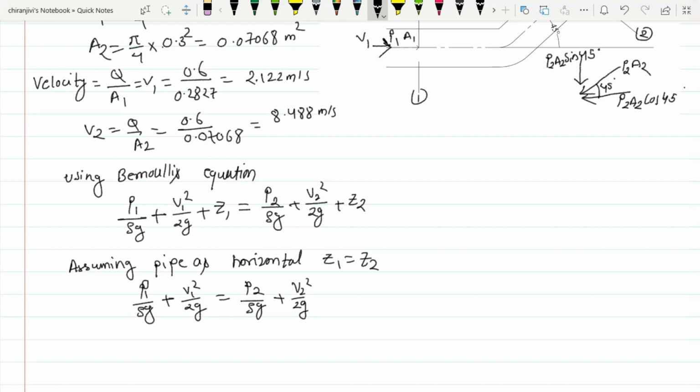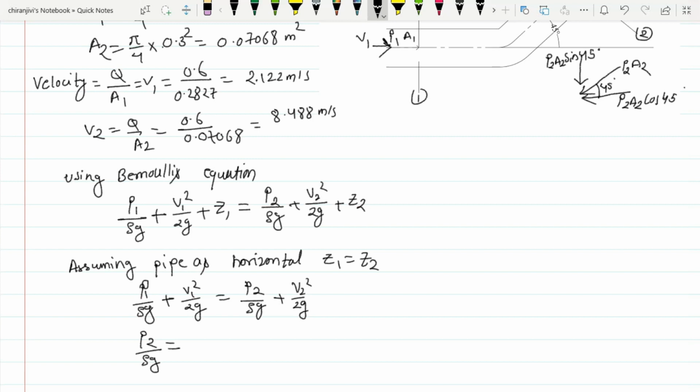We have all the parameters except P2 upon rho g. Here P2 upon rho g we have to find, and this is P1 upon rho g plus V1 square upon 2g minus V2 square upon 2g.